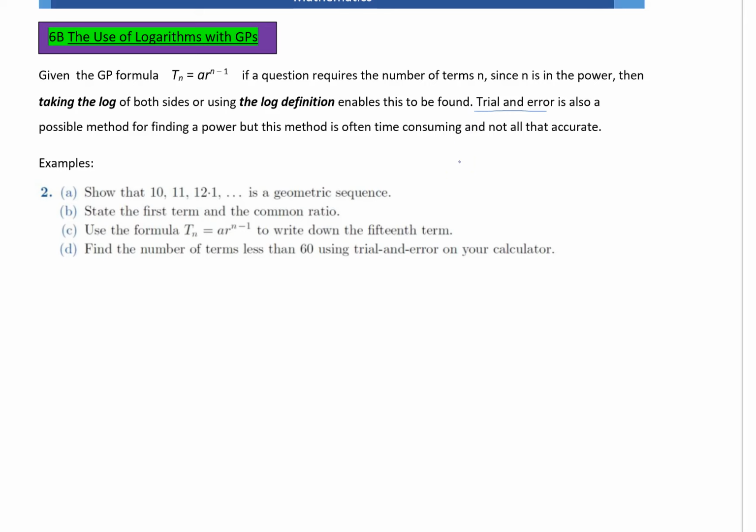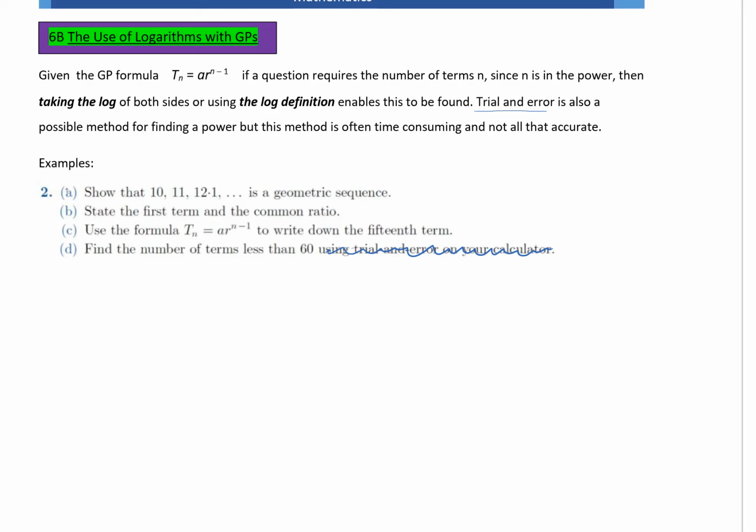Otherwise I'll assume that you would know to guess a number, sub it into the formula for n, do the calculation, see how close you get, and then adjust your guess either up or down based on the conclusion from your first guess, and just keep going in that manner until you get as close as they're asking you to get with your trial and error method. Otherwise, I'm going to go straight to logs, so I'm not going to be using trial and error.